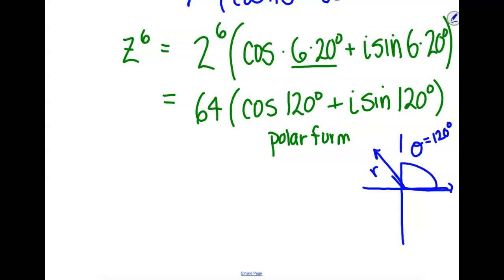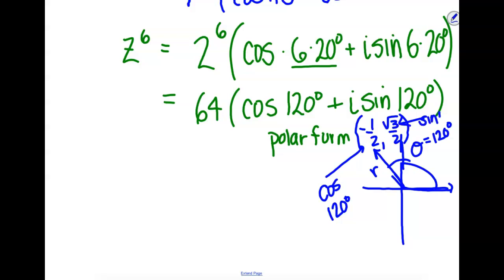What is that ordered pair on our unit circle? That is negative 1/2, positive square root of 3 over 2. Just like from unit 4, this represents our cosine of 120 degrees, and square root of 3 over 2 is our sine of 120 degrees. So we're going to go ahead and substitute those values in.